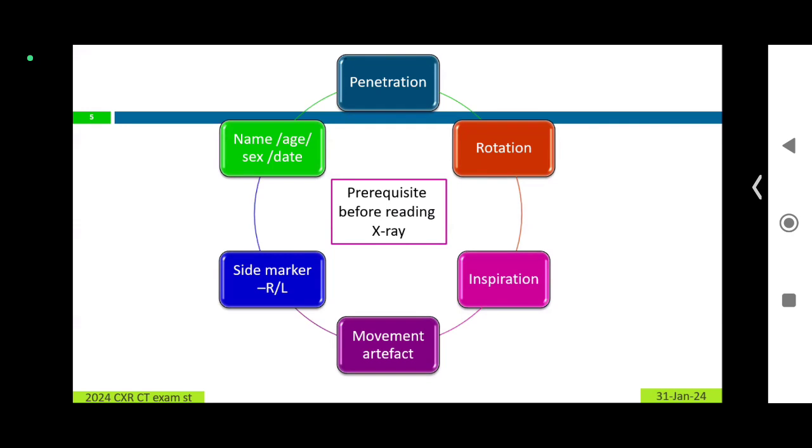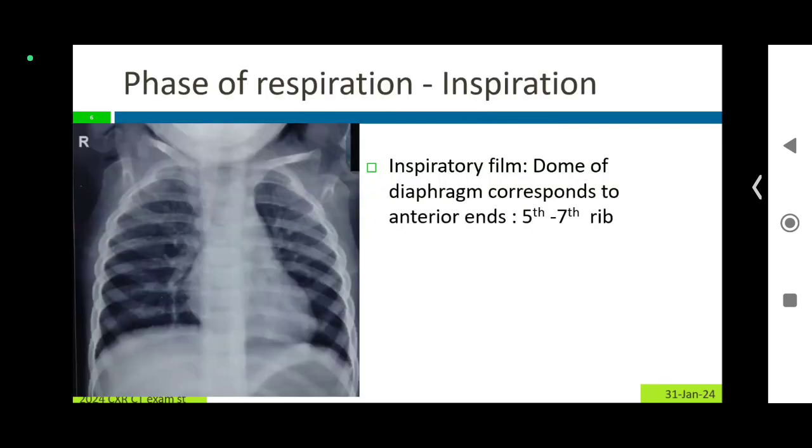Because in an expiratory X-ray, the heart can appear large, the lung volume will be less, and the blood vessels will be crowded. You might think that something is wrong in the lung parenchyma. Then make sure there is no movement artifact and find out whether the sites are marked properly or not. These are the prerequisites before you start reading an X-ray.